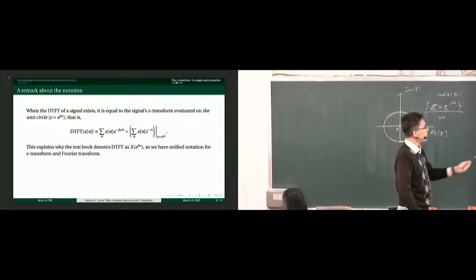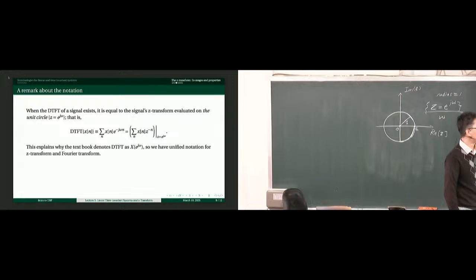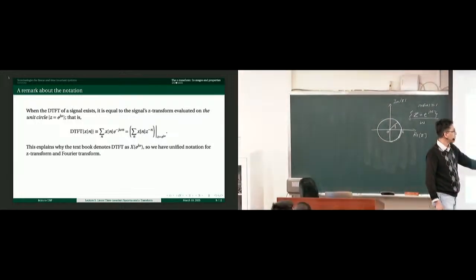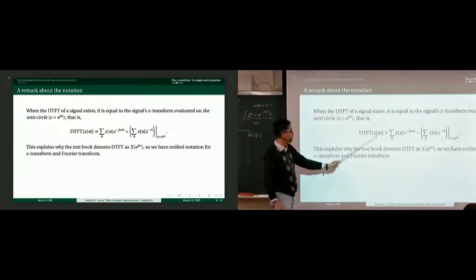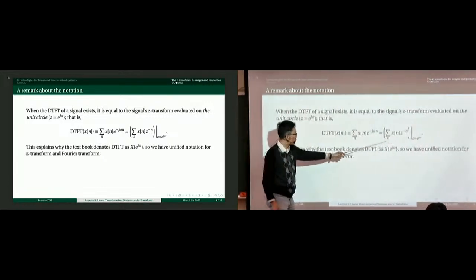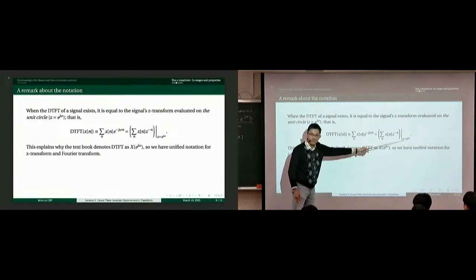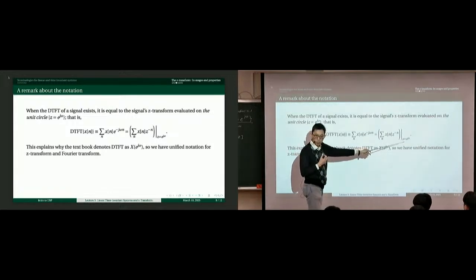So what does this mean? We say DTFT is the Z transform evaluated on the unit circle. Why? Let's take a look. It's rather simple. That means when we evaluate the Z transform of X, the signal, on the unit circle by making the substitution, right?